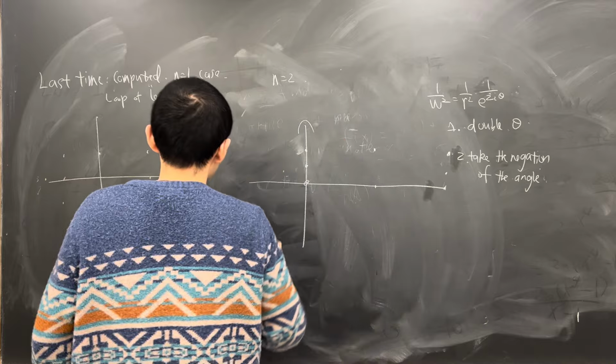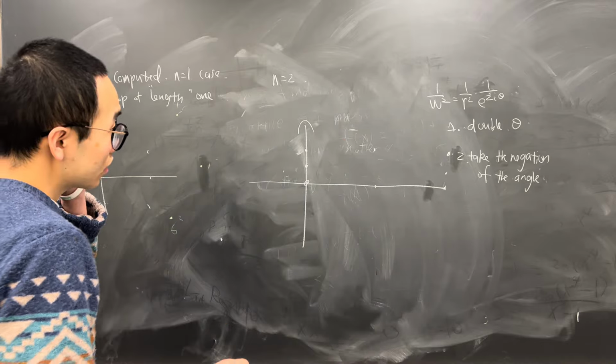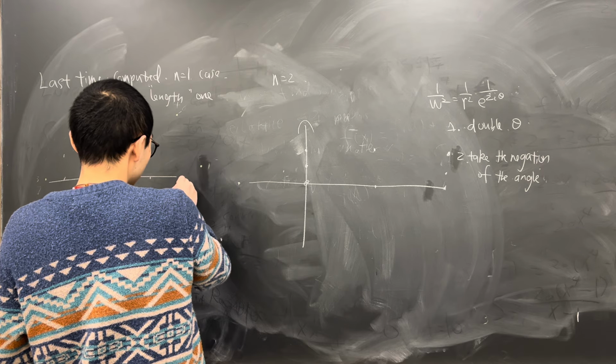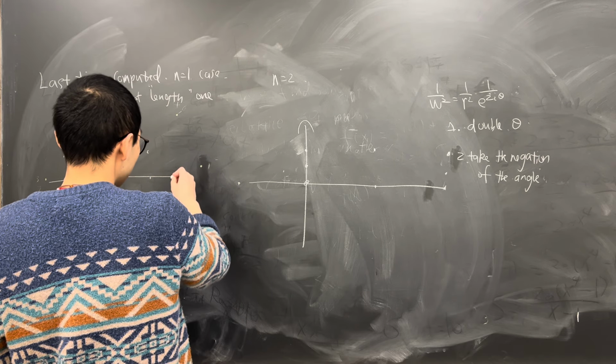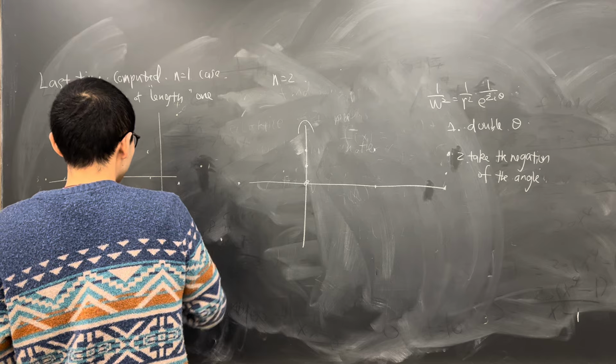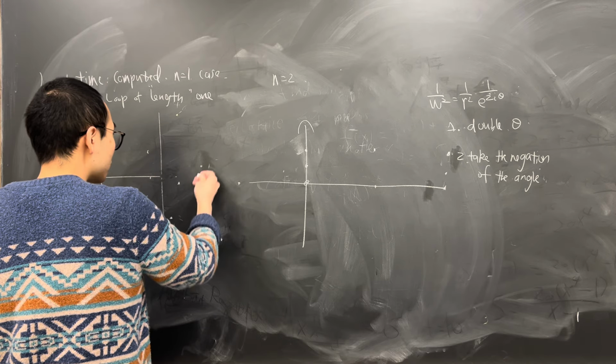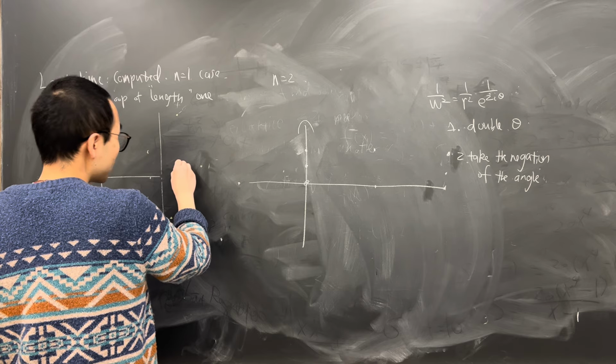So this is omega 1, omega 2, and then with that, let me draw this one. So this might be misleading.